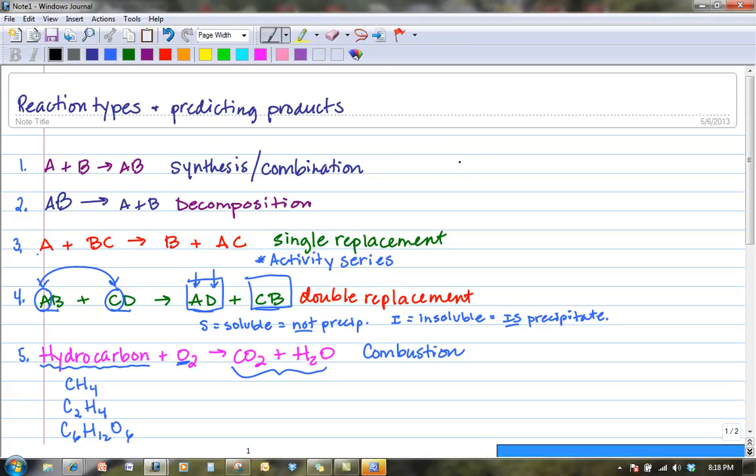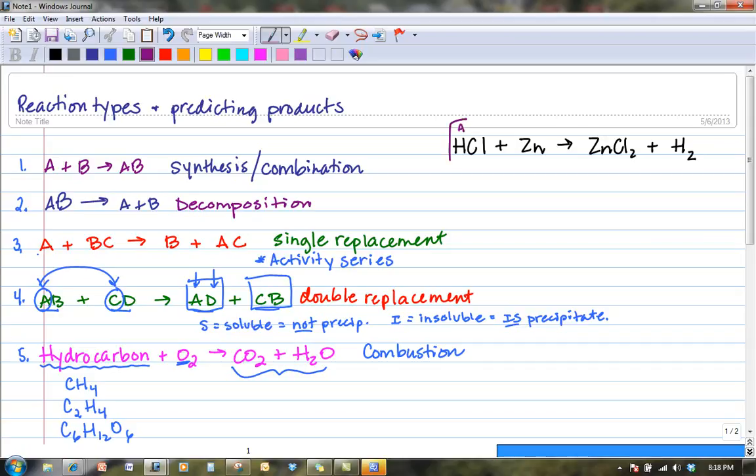So let's say that I have the formula HCl, hydrochloric acid, plus zinc yields zinc chloride plus hydrogen. Well, the first thing I'm going to do is assign a letter to each element.